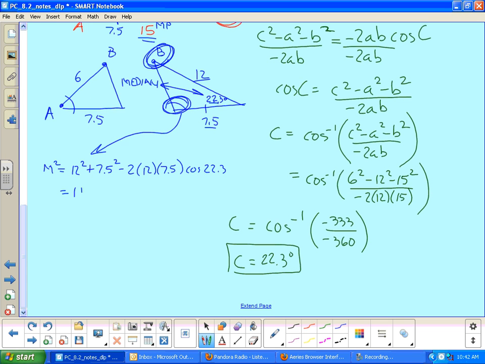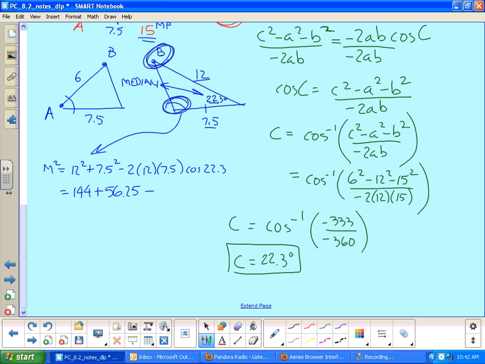All right, what are we going to get? 144 plus 56.25 minus, that whole thing is 180. So 2 times 12 times 7.5 times the cosine of 22.3. Why don't we find the whole thing?